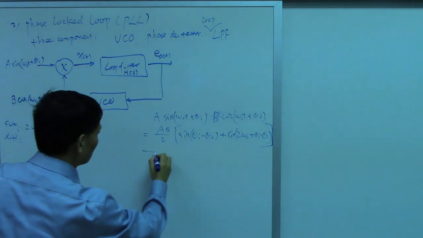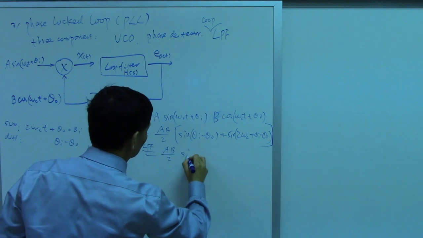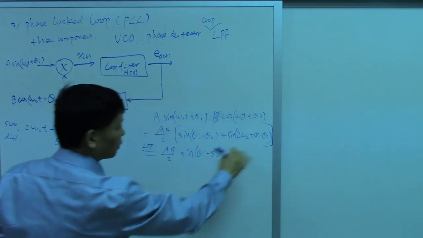After the low pass filter, we have only one left, the term theta_i minus theta_0, because the other has high frequency.